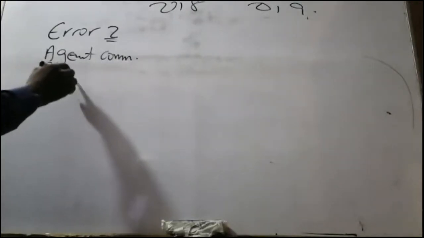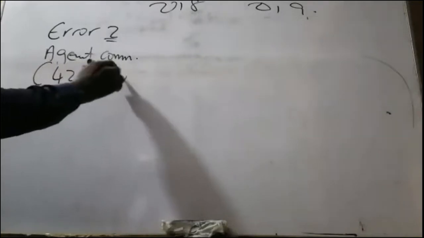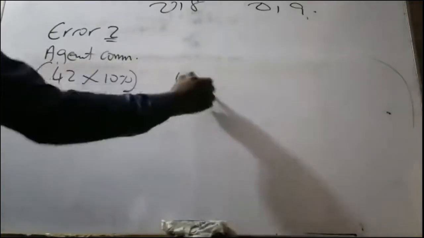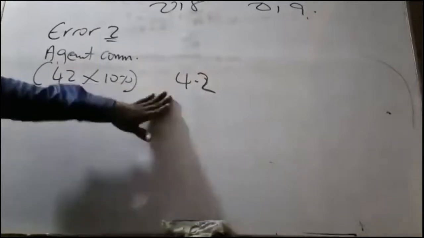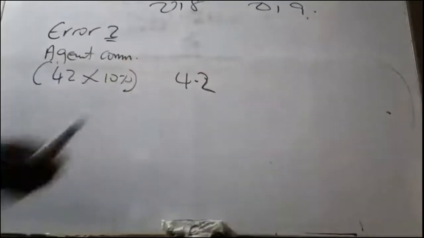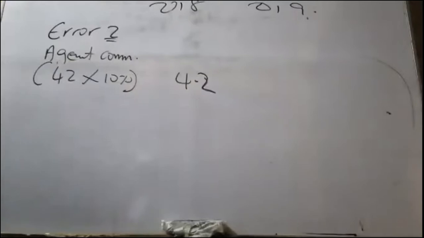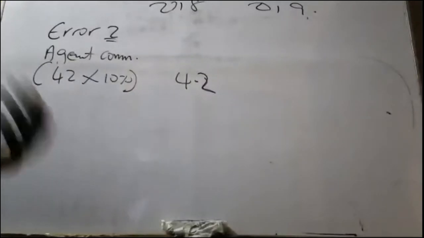Now let's find the agent commission. So the agent commission will be 42 million times 10%, and that will be 4.2. Because they thought they've not disposed of or they've not sold these goods, they did not account for the agent commission of 4.2 million. So what do we do? We have to account for it for them.